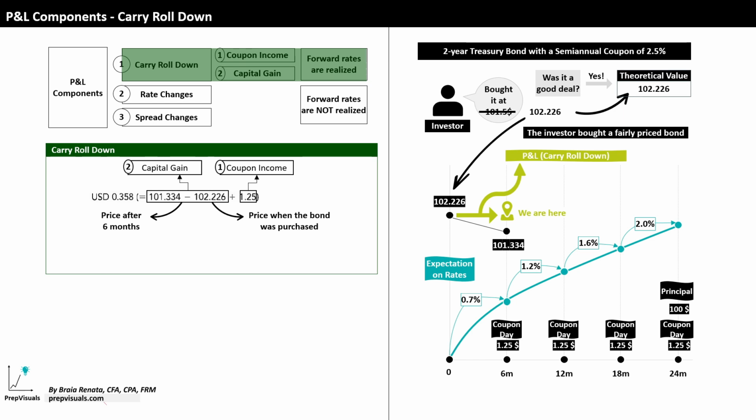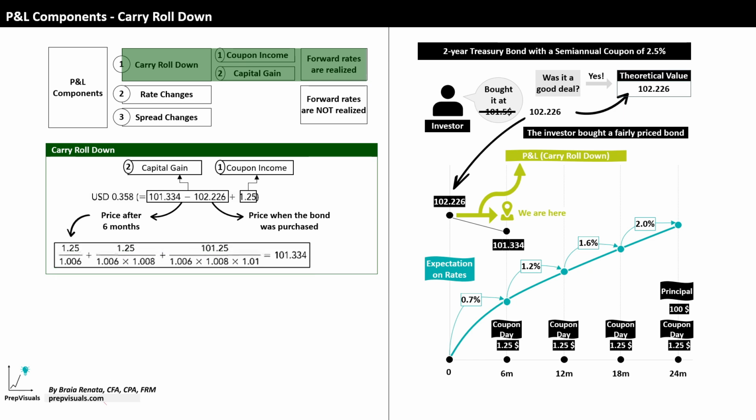And the price after 6 months was calculated using this expression over here. And basically what's happening is to discount the remaining cash flows using the forward rates that we have assumed 6 months ago. Basically, these values in the illustration.